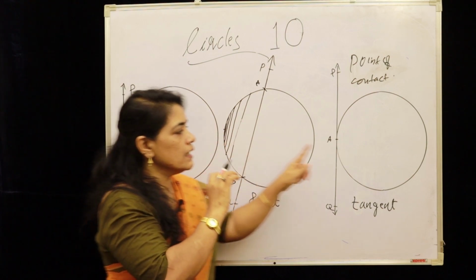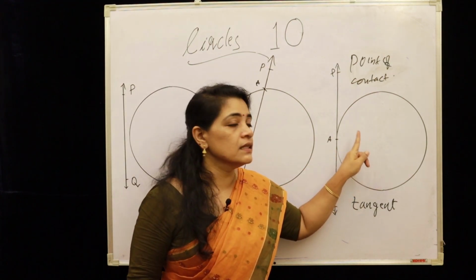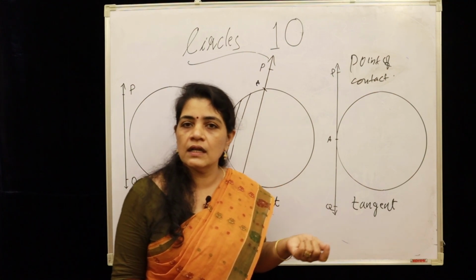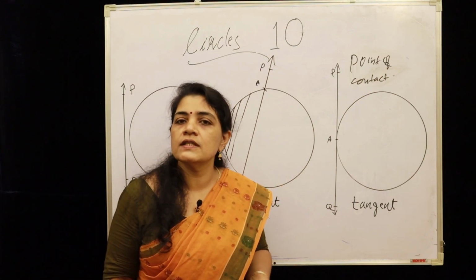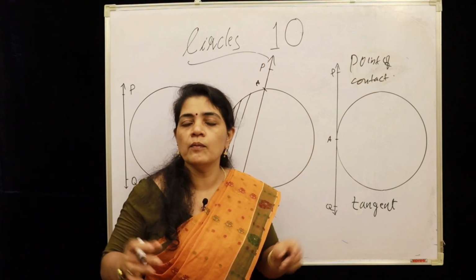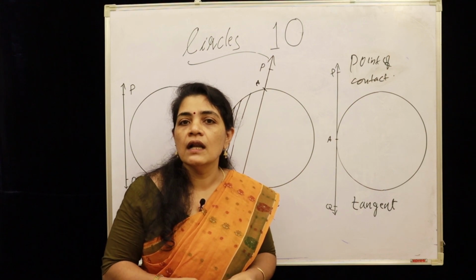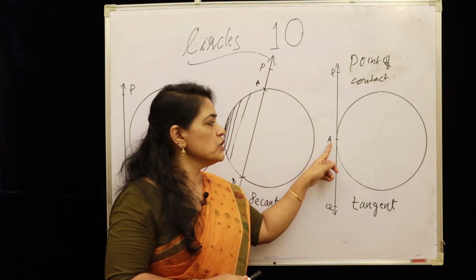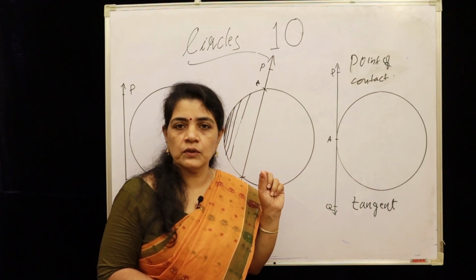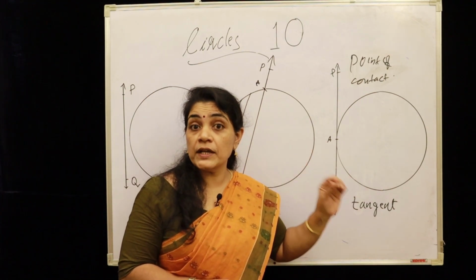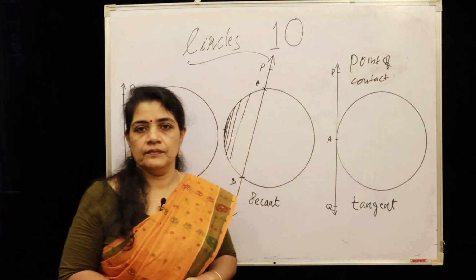This happens in the third case. That is why the tangent to a circle is a special case of the secant, where the two endpoints of the chord AB reduce to a single point, that is point A. That means the tangent is a special case of secant.